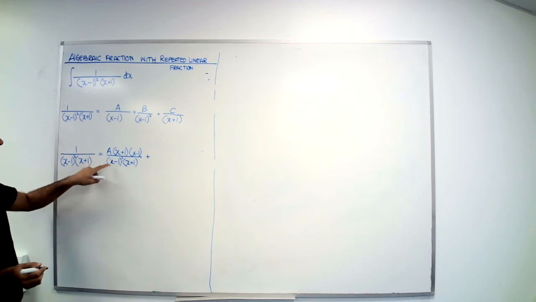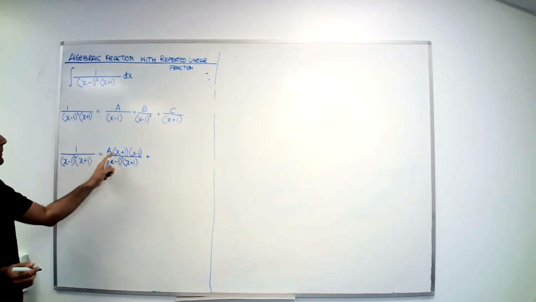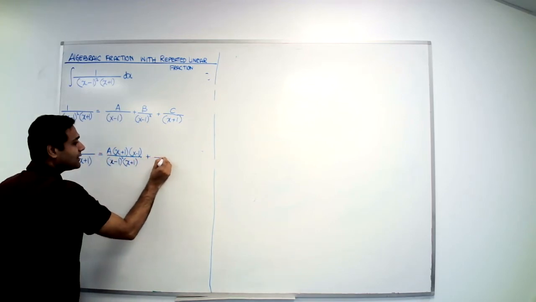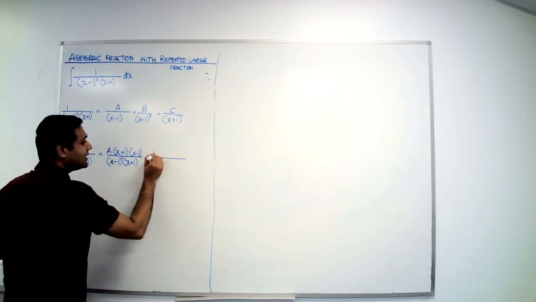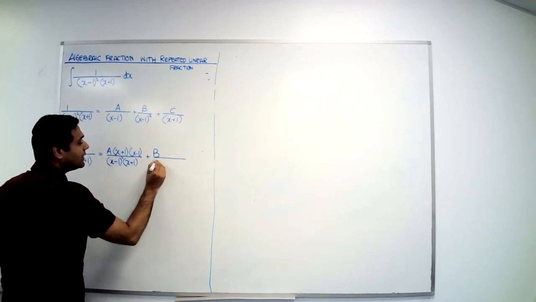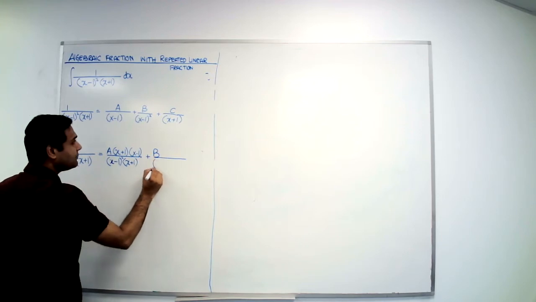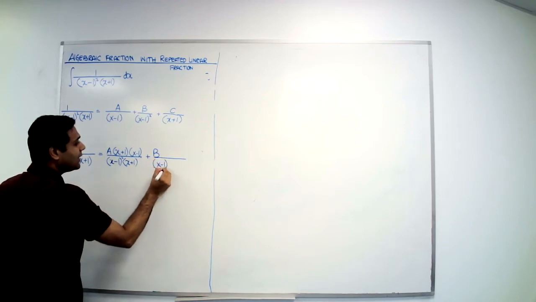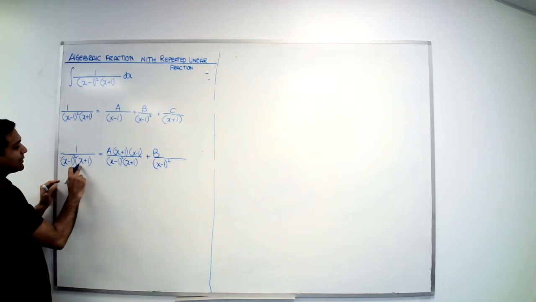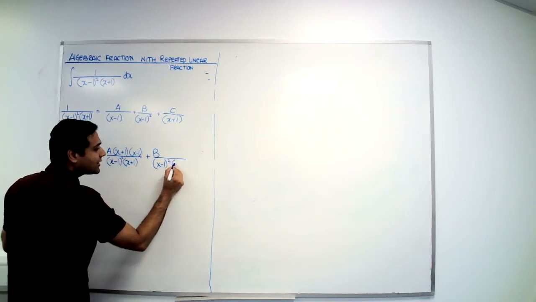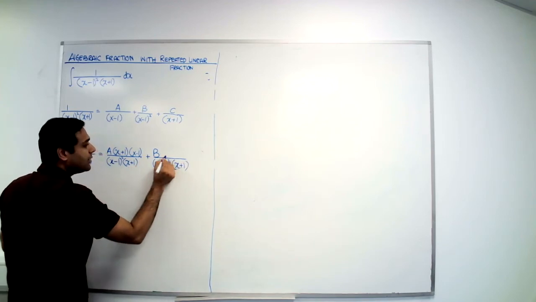Now the denominators are the same, but on top I have created that one. Now let's look at what I do with B. On the bottom it's x minus 1 squared, and the only thing missing is x plus 1, so I write x plus 1 on the bottom and on the top.